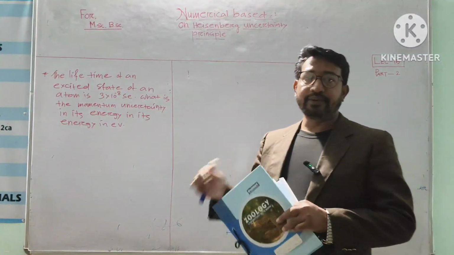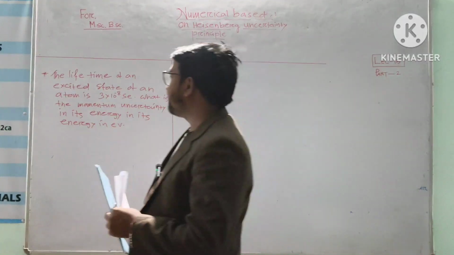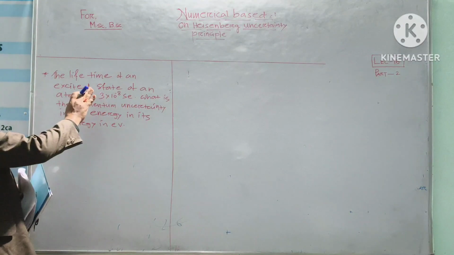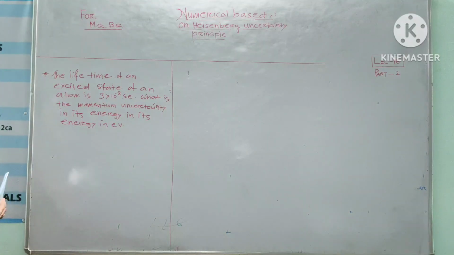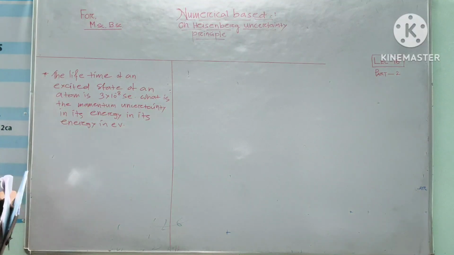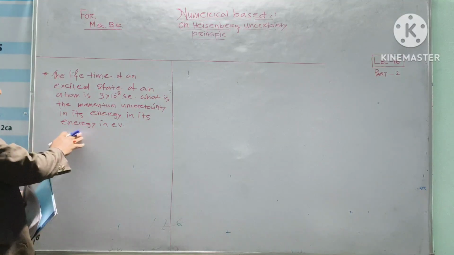Okay, our next numerical problem. The statement of this problem: the lifetime of an excited state of an atom is 3 into 10 to the power minus 8 second. What is the uncertainty in its energy in electron volt?